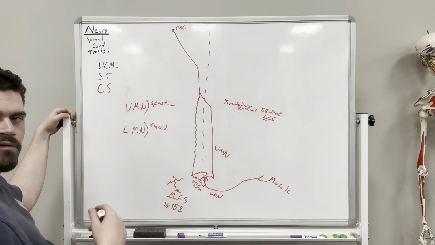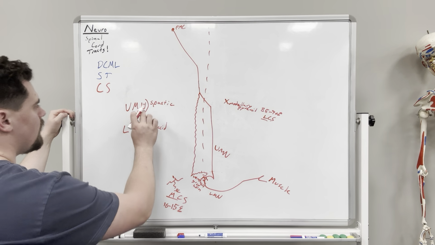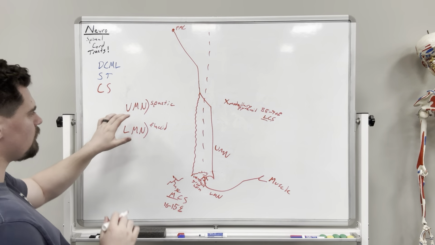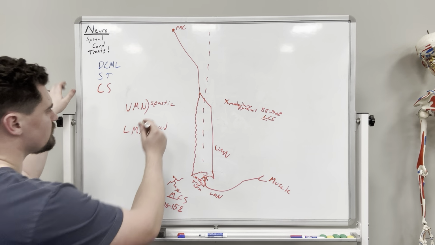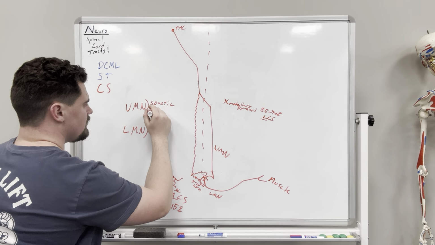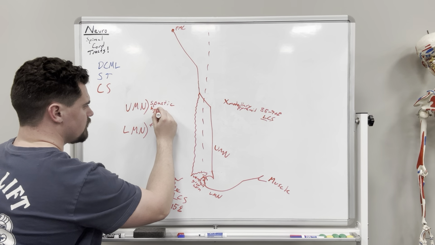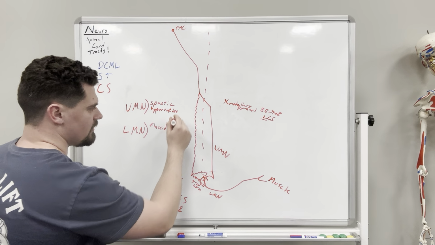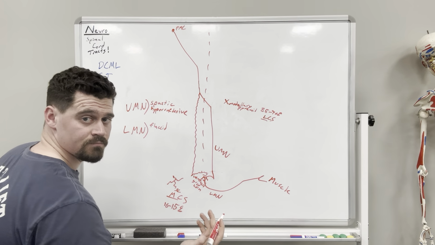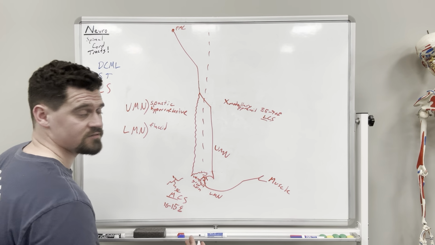And then if you're doing reflexes, if they have an upper motor neuron lesion, the reflexes are going to be hyperreflexive. So instead of it being a 2+, it's going to be a 3+, 4+.